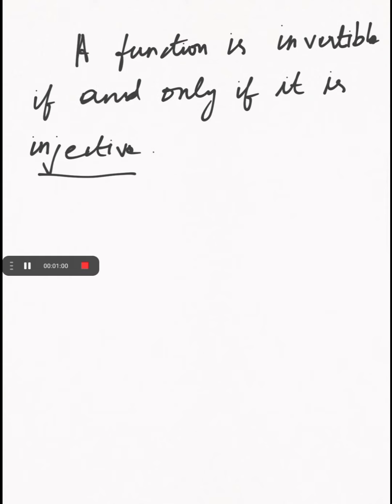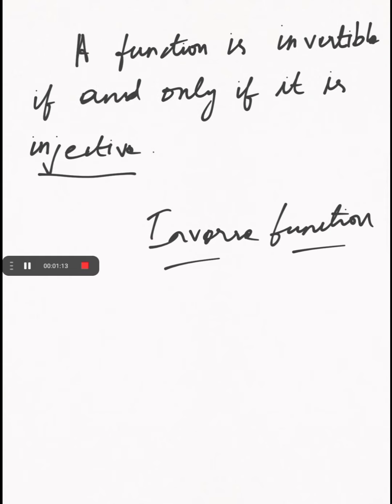Now I will explain the definition of the inverse function. Here is one function f of x. We need to find the inverse of this function. How can we write f inverse of x?